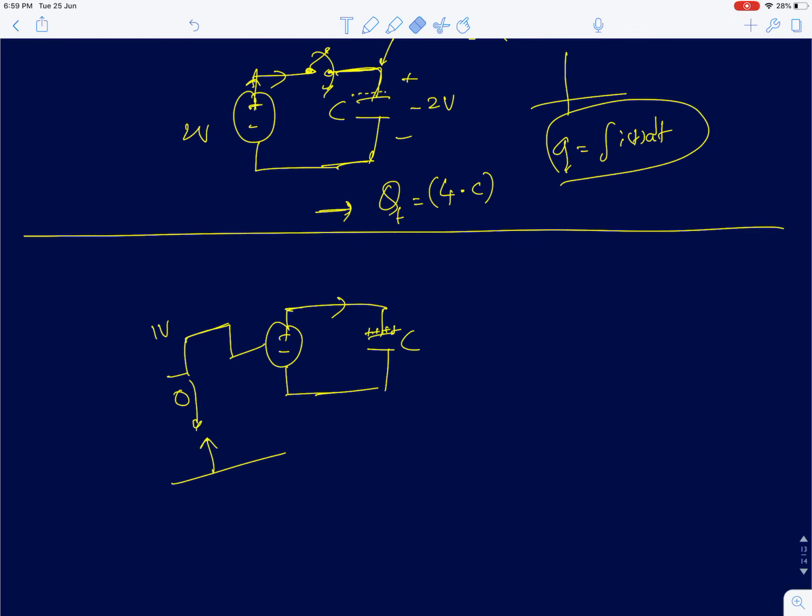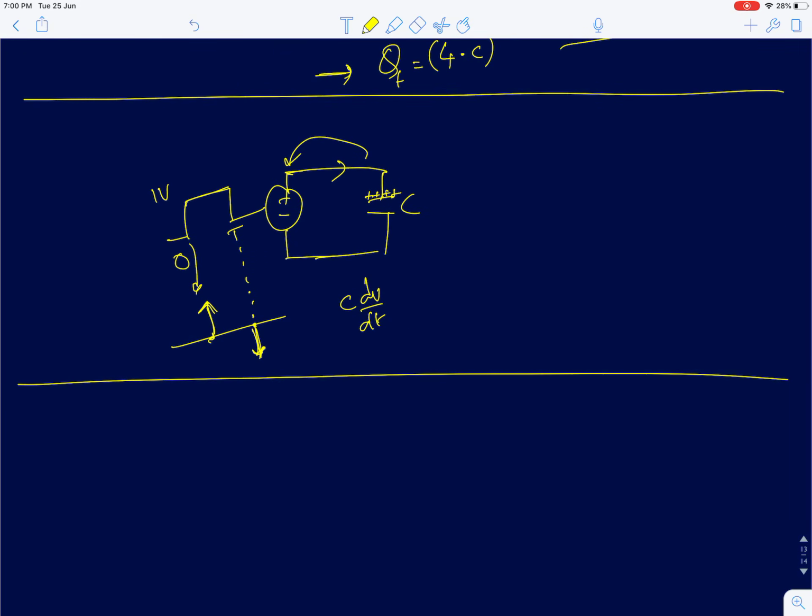At this point, let me use a different time, say t. At this time, you will remove charges from the plate, so the direction of flow of current will be this way. So your current will be negative. It will be like two impulses of current, the same impulses, one positive and one negative. And again, you can simply use C dv by dt to get the same results. I'm just telling you from intuition.